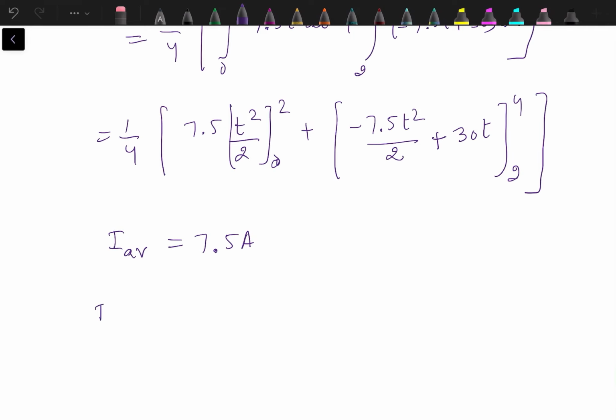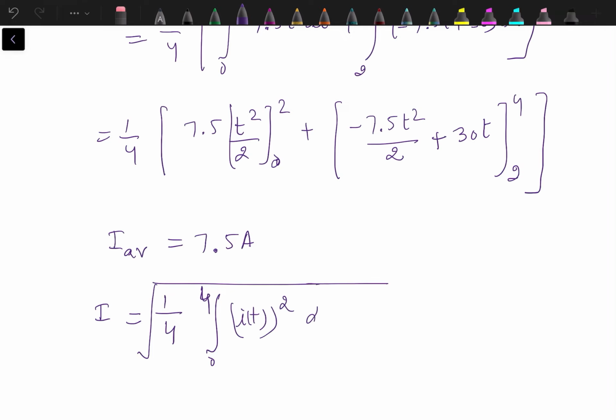Second is we have to calculate the RMS value, that is I. Again, its variation from t1 to t2, so that is 0 to 4, 1 upon 4, and all of it is going to be under the square root. Integration from 0 to 4, i square into dt.